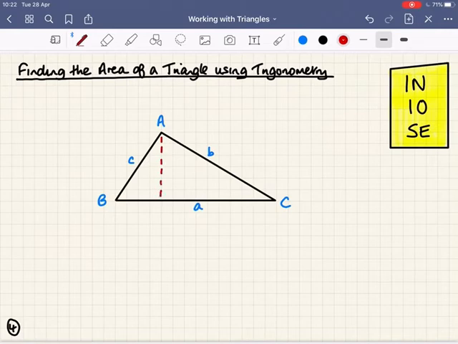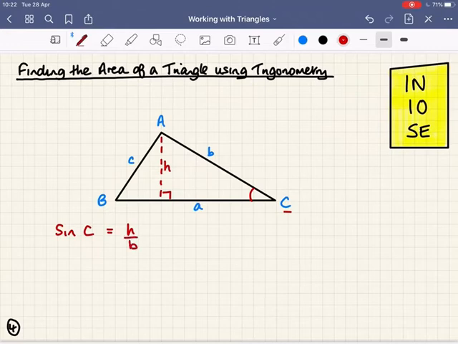Now, what I really need is this perpendicular height, but I haven't got that information. But what I do know is, now that I've dropped that perpendicular height, I've created a right angle triangle here with the hypotenuse of b. So I can use the sine ratio to tell me that sine C, the angle down here in the corner, is, well, sine is opposite, so its opposite is equal to h, the height, divided by the hypotenuse, which is b.